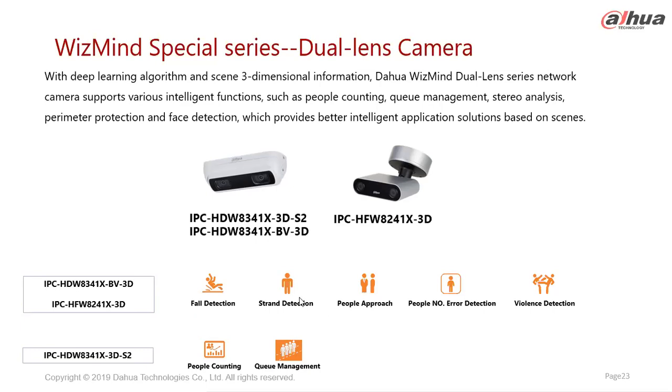We have stranded detection. A typical application is maybe airports and airstrips, where you can have someone stranded, in bus stations, railway stations. People approach. In highly sensitive areas or where you need high security and analysis, you would typically use such cameras because the AI features for such cameras are quite remarkable.